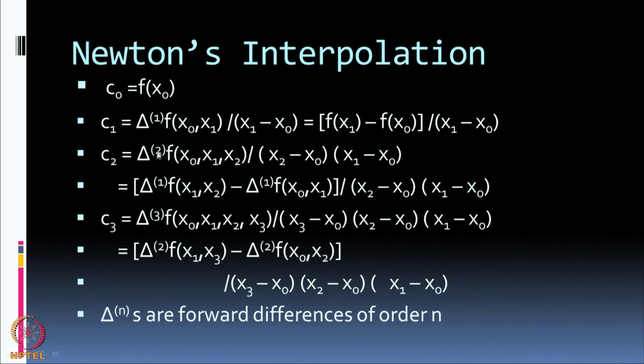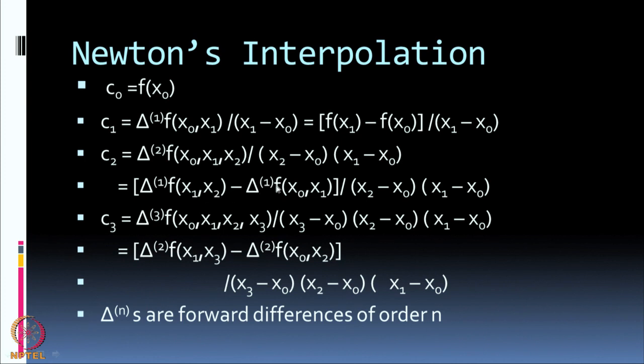C2 is given by the second order difference divided by (x2 minus x naught) and (x1 minus x naught). What is my second order difference? Second order difference is I take the first order difference between x1 and x2. What is the first order difference between x1 and x2? f(x2) minus f(x1). That is my first order difference between x1 and x2.